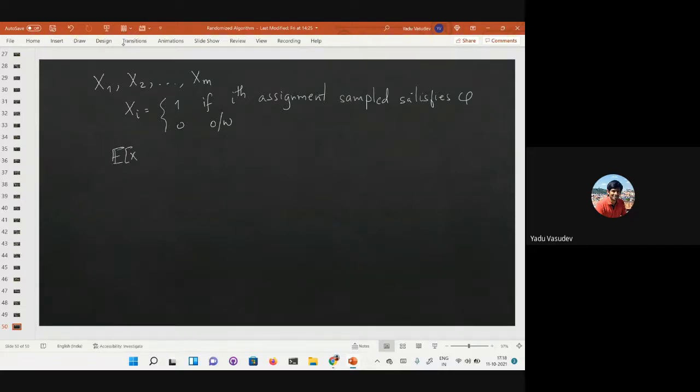And the expectation of xi is nothing but cardinality S over 2 power n.